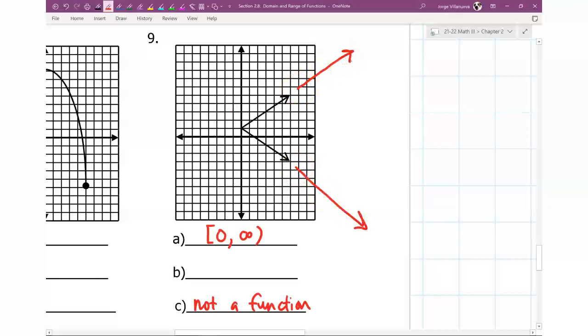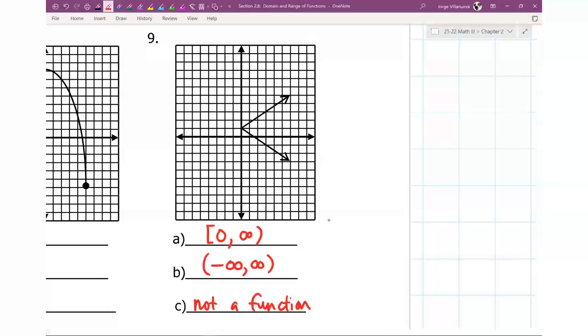So how low does it go? Does it keep going down forever? Yeah, so what do we call that? Negative infinity, right? And then how far up does it go? To positive infinity or just infinity, right? So there you go. I wanted to do this one because this one's a little weird. It has arrowheads that go down forever, up forever, but they only go right forever, not left forever. So we actually do have a domain that doesn't have infinities on both sides.